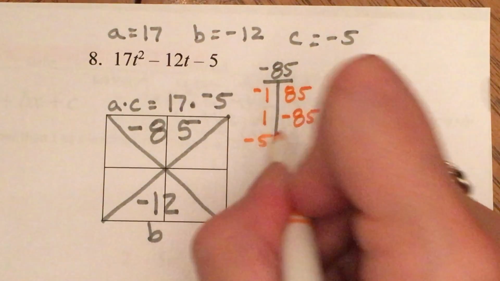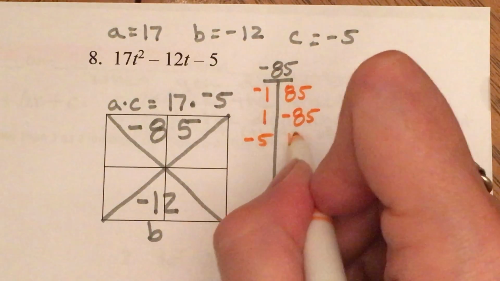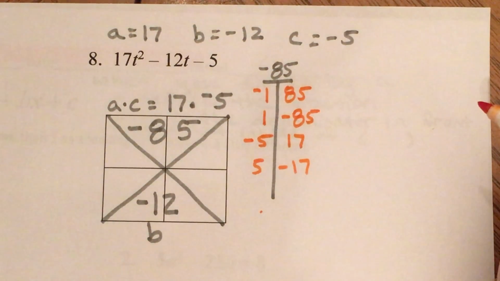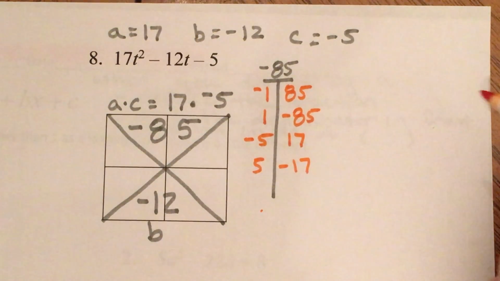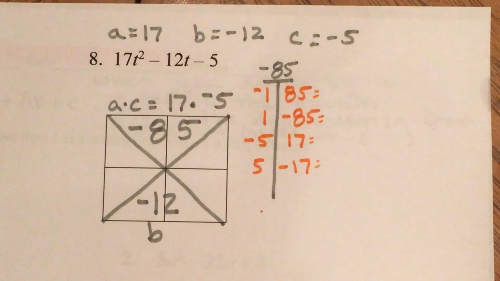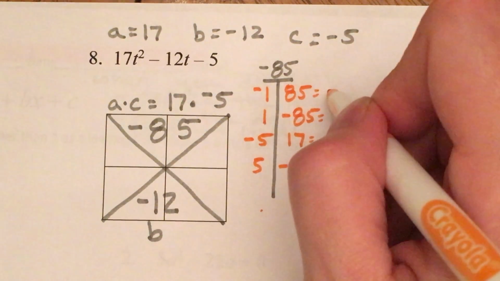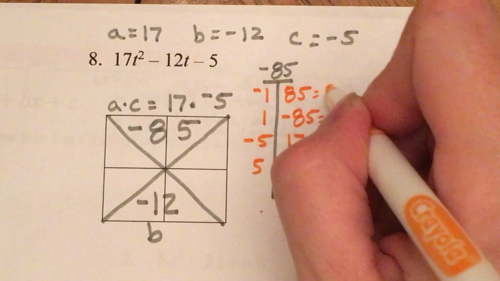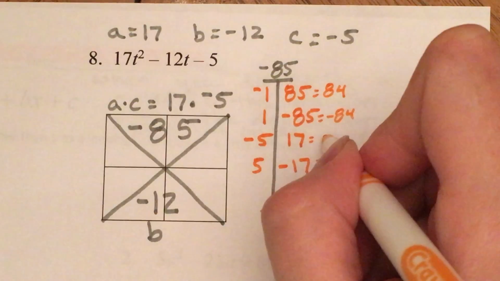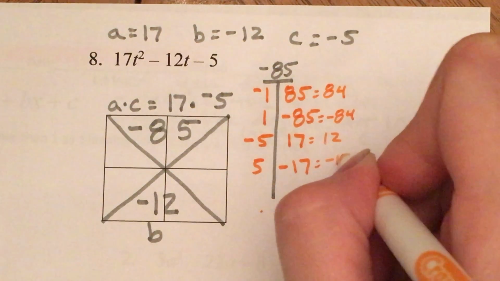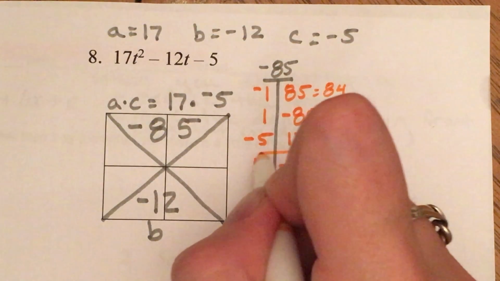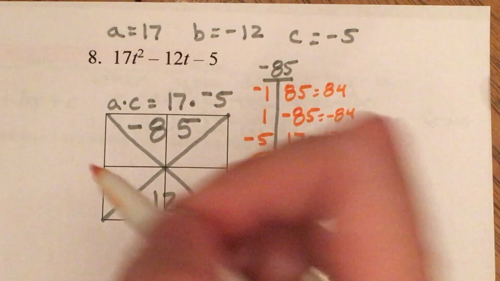So negative 5 and 17. Positive 5 and negative 17. And you know what? That's it. That's all there is for 85. So let's go find our pairs, our sums. 84, negative 84. 12, negative 12. Which one do I want? Yep, the last one. 5 and negative 17.